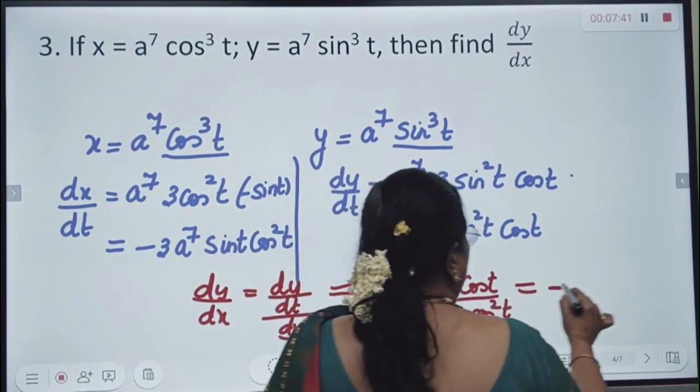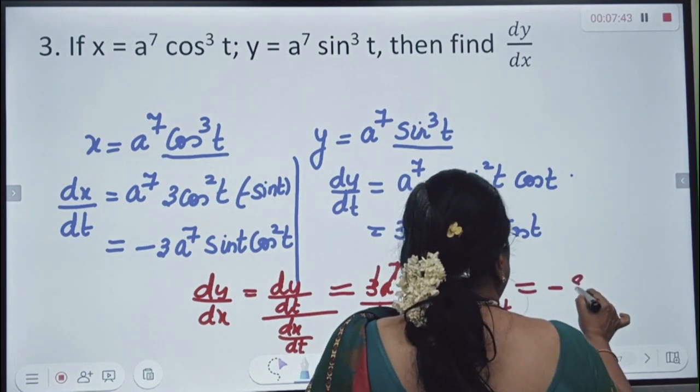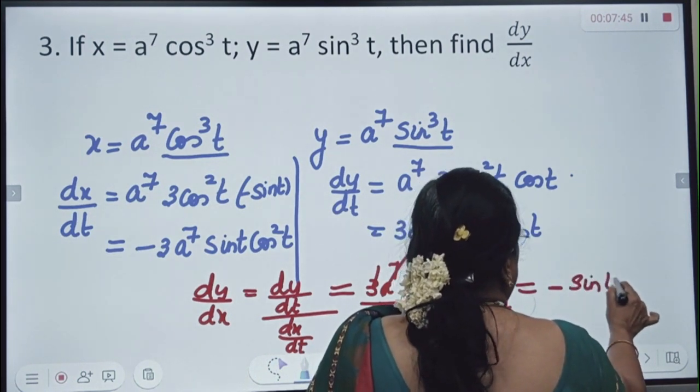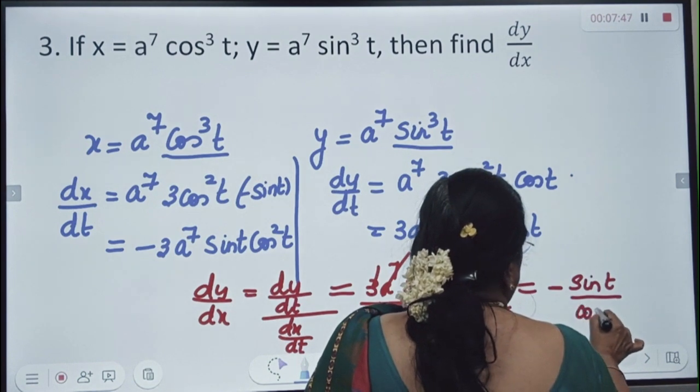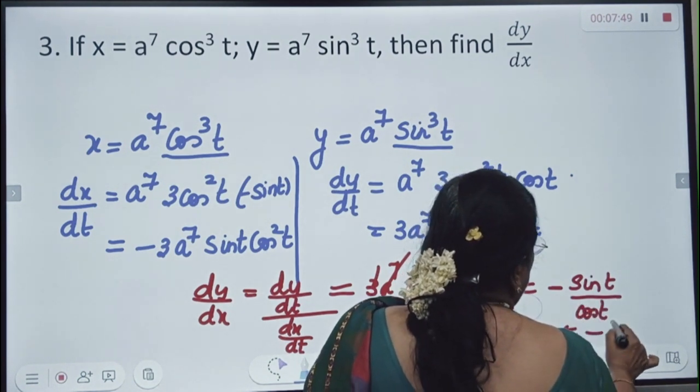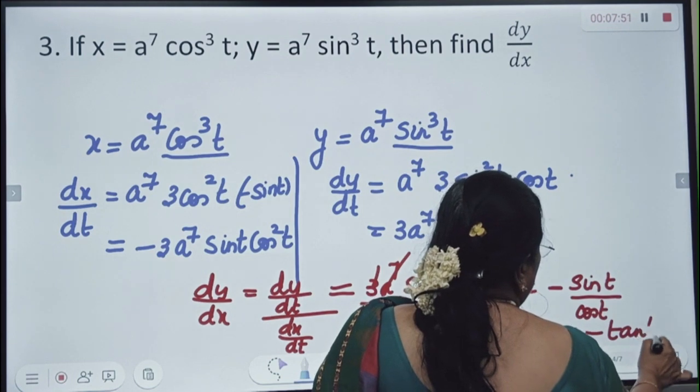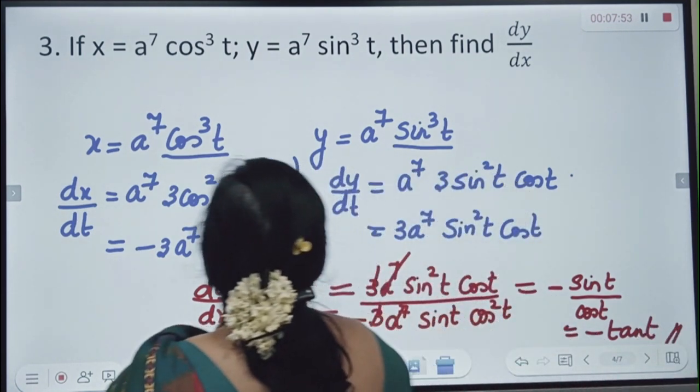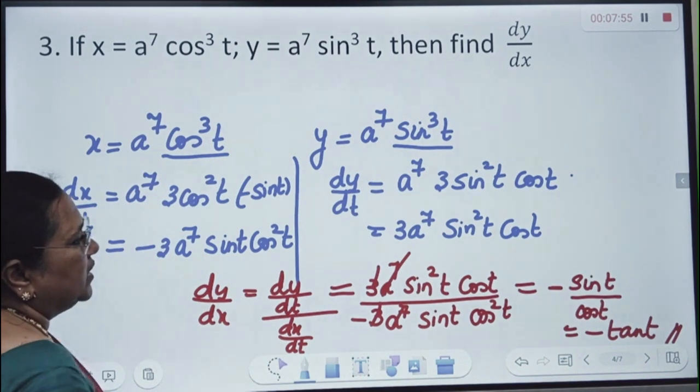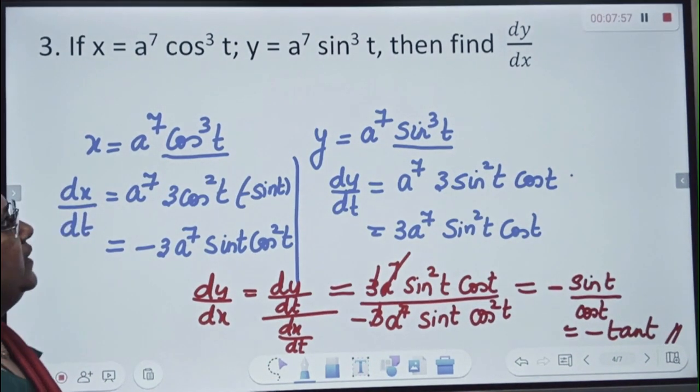In sin square t, in the numerator I will get sin t, in the denominator I will get 1 cos t, so giving me minus tan t. So dy by dx is minus tan t.